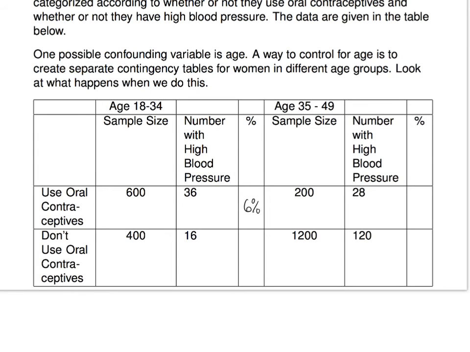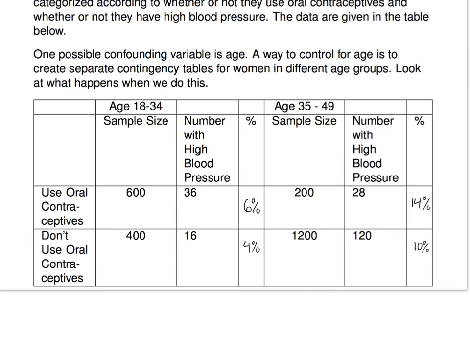And 16 out of 400, or 4%, have high blood pressure in the don't use group. And in the other age group, 28 out of 200, that's 14%, and 120 out of 1,200, that's 10%.